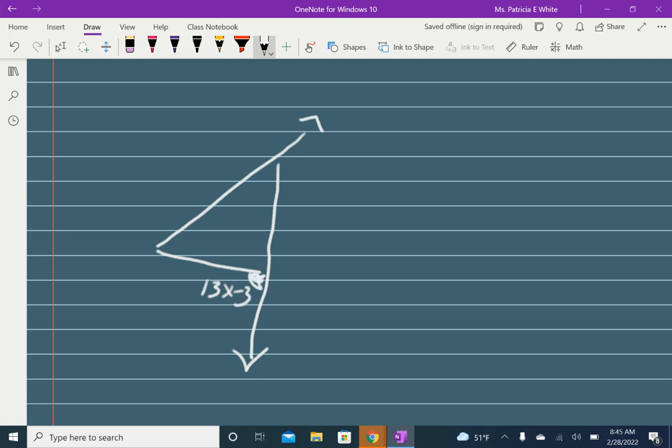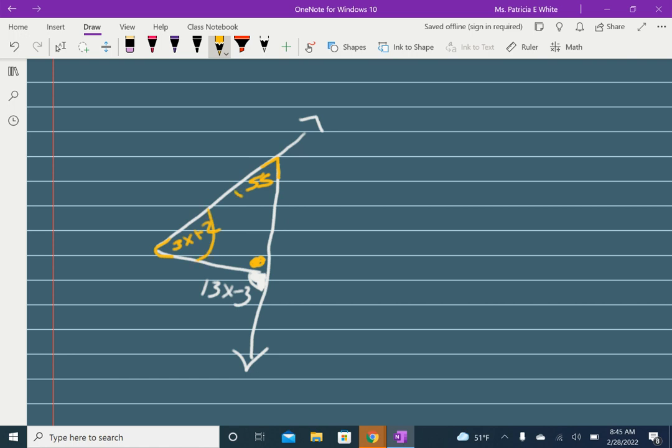That's this angle. Now this angle is my adjacent, right? So my opposite interior has to be those two angles. So this is 55, and this is 3x plus 2.